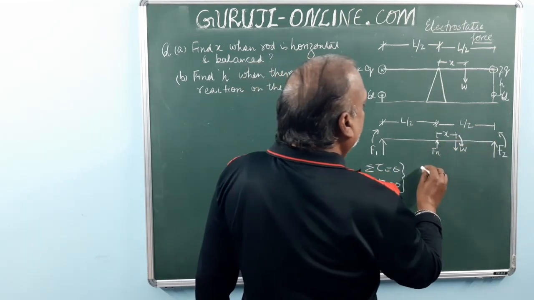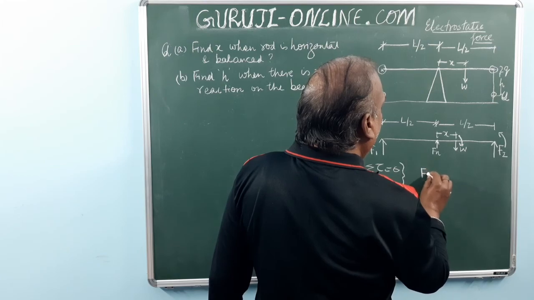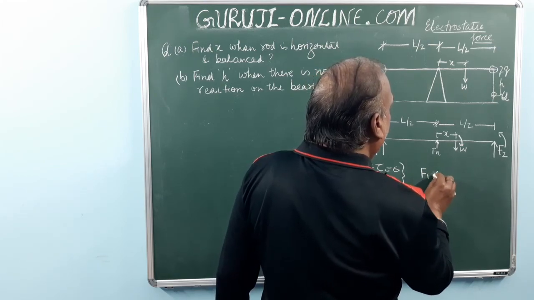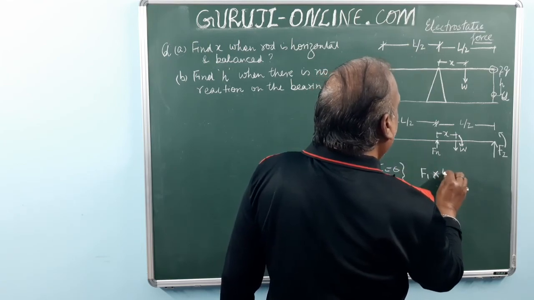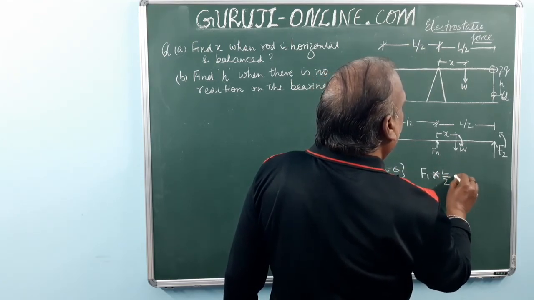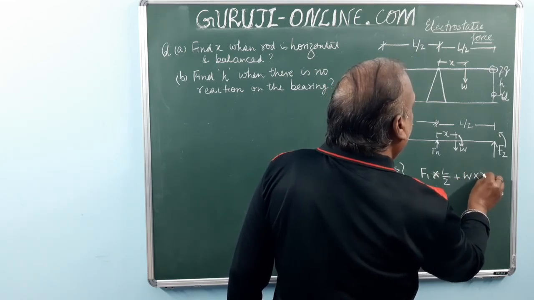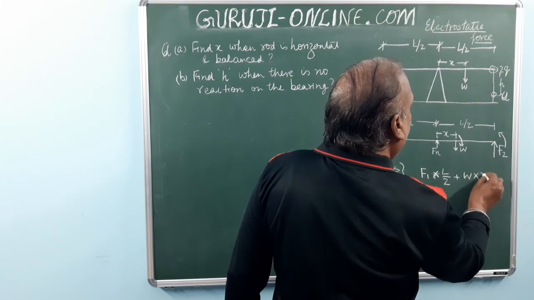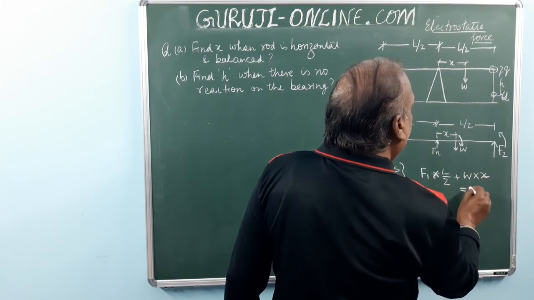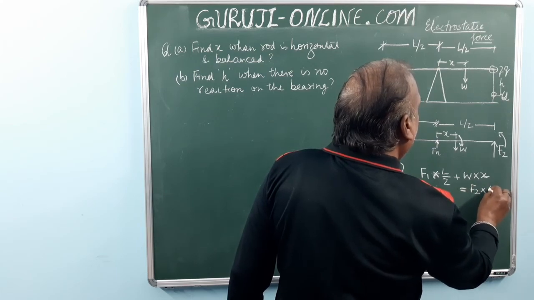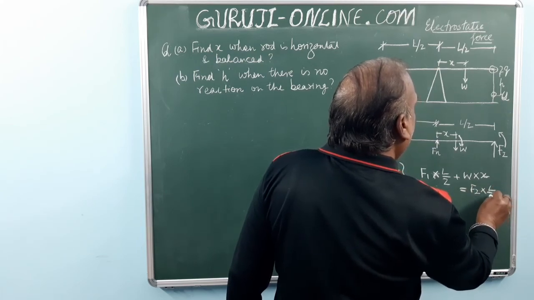So that means F1 into this distance L by 2 plus W into X must be equal to F2 into L by 2.